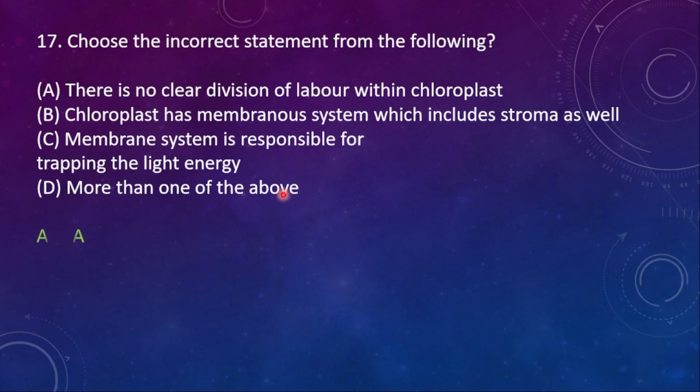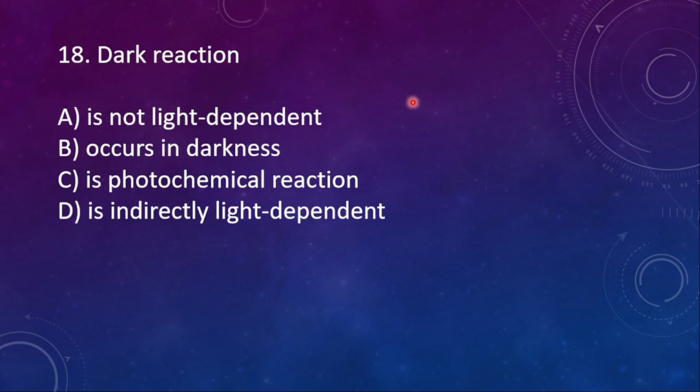So here the incorrect statement is that there is no clear division of labor within the chloroplast, but chloroplasts show a very clear division of labor. The light reaction takes place in the thylakoid membrane, and the dark reaction takes place in the stroma. Enzymes are responsible for such processes. So this statement is wrong.